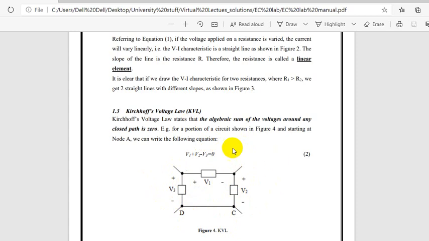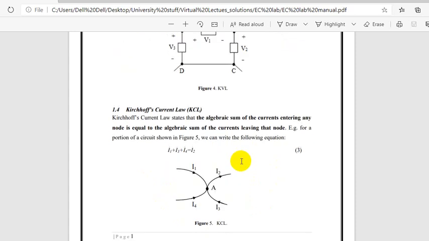So the sum of voltages in the whole circuit will be 0. And Kirchhoff's current law: current entering is equal to current leaving. To summarize, the algebraic sum of the currents entering is equal to the algebraic sum of the currents leaving the node.